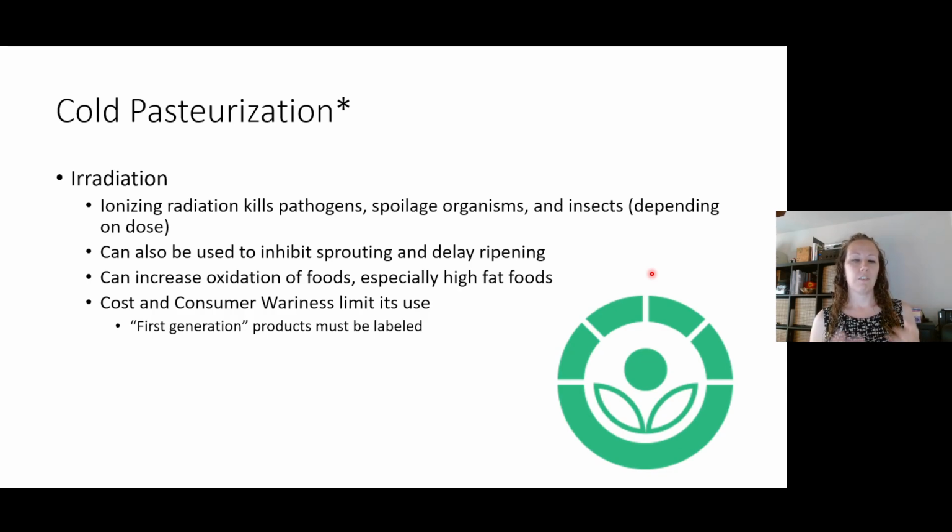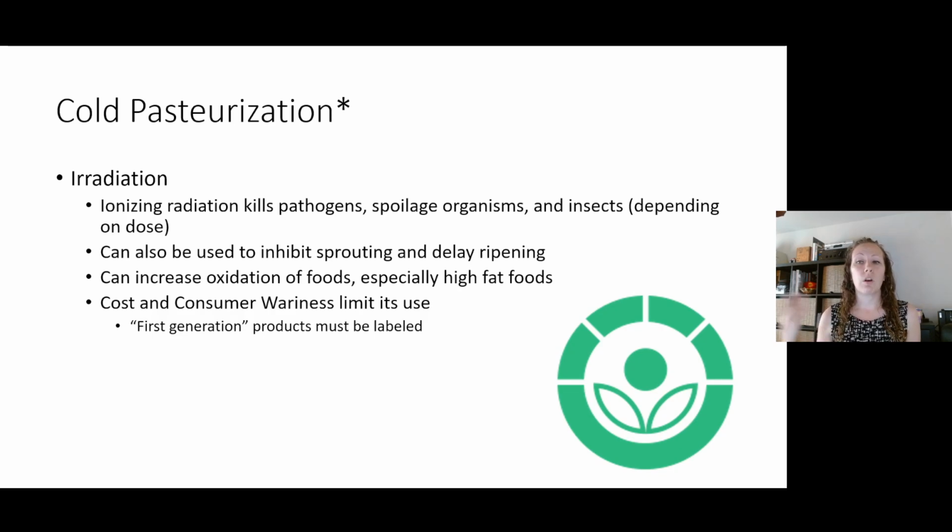Now, if it's not first generation, if it is just used not as the main ingredient, but as an ingredient in a food, then it does not have to be labeled. So for example, a spice that is used as a component of something else does not have to be labeled with the Radura symbol on that bigger product.